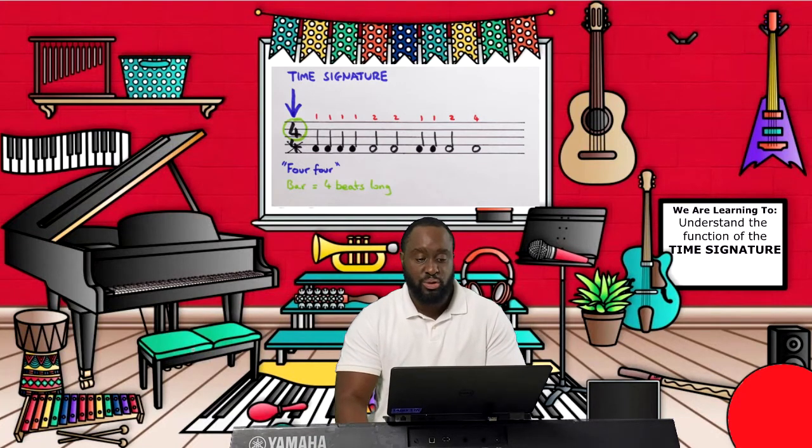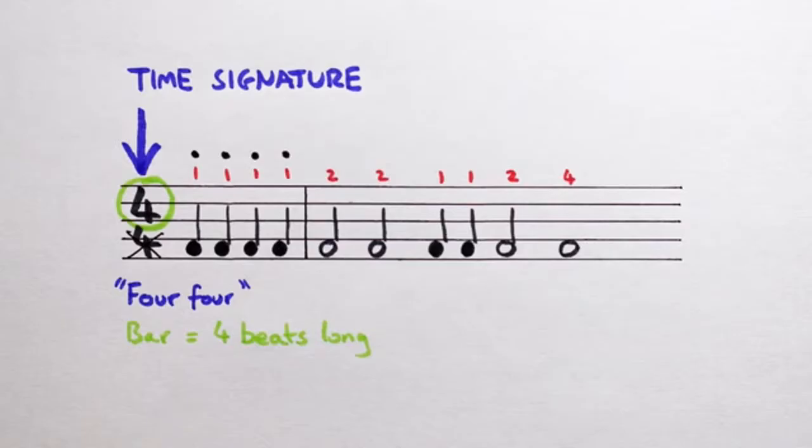So we look here, we have 4 quarter notes. 1, 2, 3, 4. We're going to put a bar line right after the 4th one, and that's 4 beats. Now let's look at the next 2. These half notes are worth 2 beats each. So we put a bar line after the second one because 2 plus 2 equals 4.